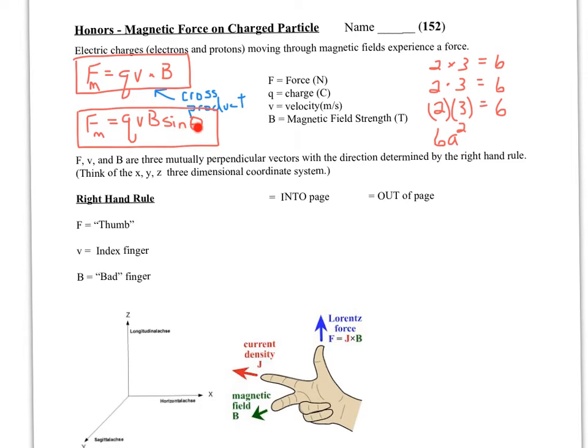This will always be sine of 90, it'll be 1, so we stop writing it after a while, and we end up just writing F sub m, magnetic force, is qvB, where q is the charge of the particle, v is the velocity with which it's moving. If the velocity is 0, there's no magnetic force. The force, once again, is measured in newtons. Charge is measured in coulombs. Capital C is the symbol for coulombs. The velocity we want in meters per second. And the magnetic field strength, once again, will come out in teslas.